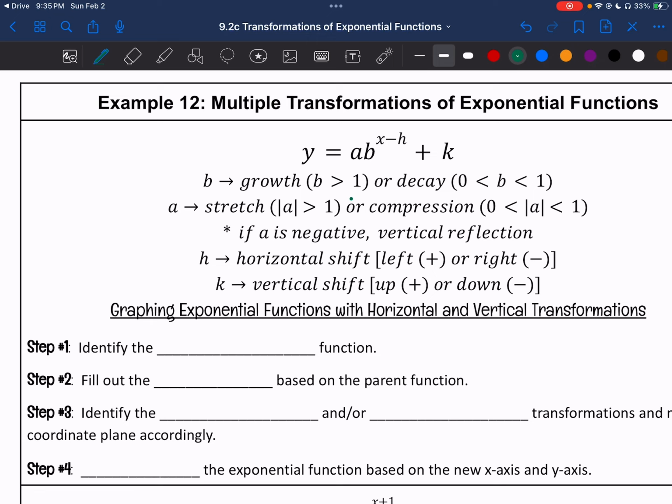So step number 1, identify the parent function. That tells us what we are starting with. Step 2, fill out the table. Filling out a data table is a great way of setting this up.